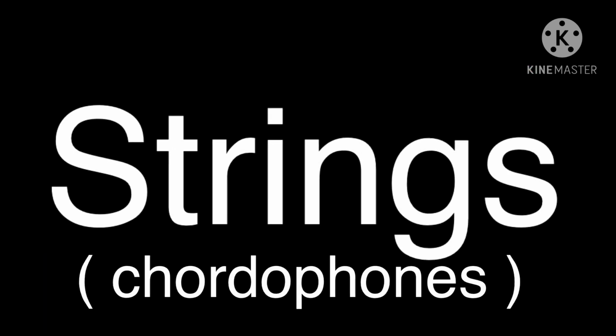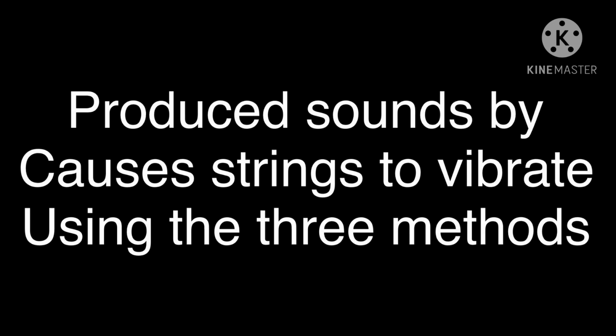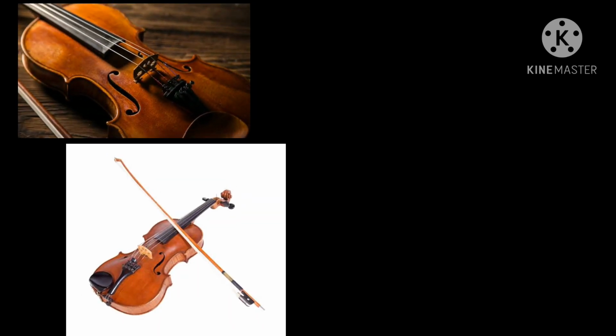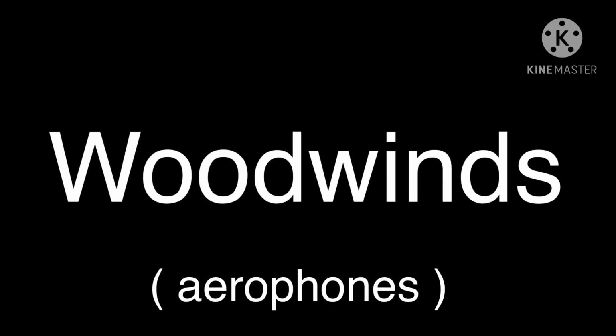Number 1 is the string instruments. They produce sounds by causing strings to vibrate using the methods of bowing, plucking, and strumming. Examples are the violin, viola, cello, and contrabass. Second is the woodwinds.